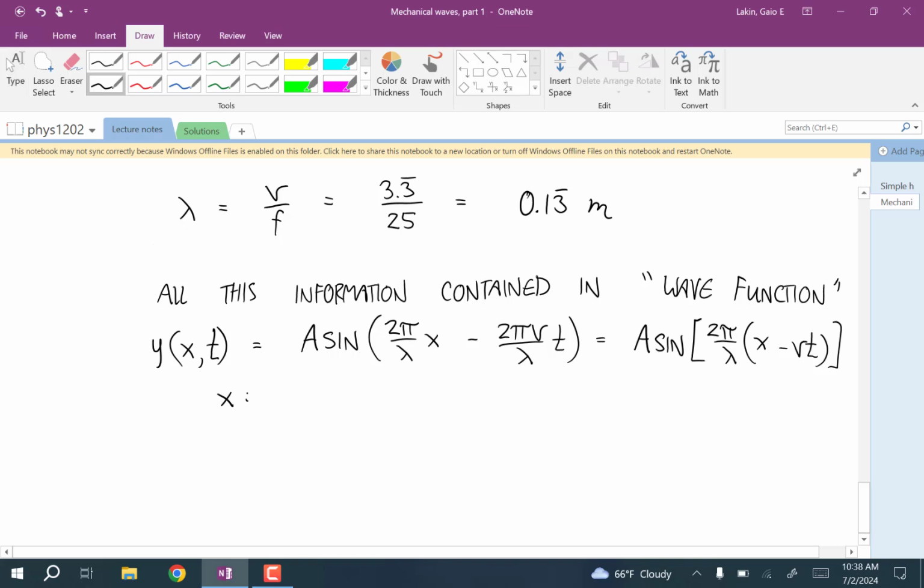X is the location along the path. So you can think of that as the original position of the string or whatever the medium is you're looking at. T is the time.